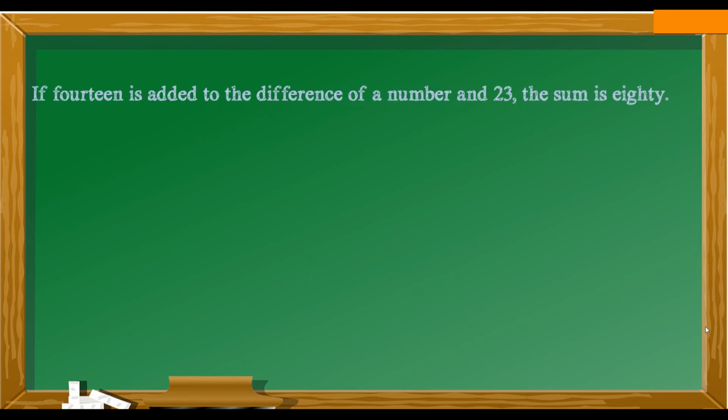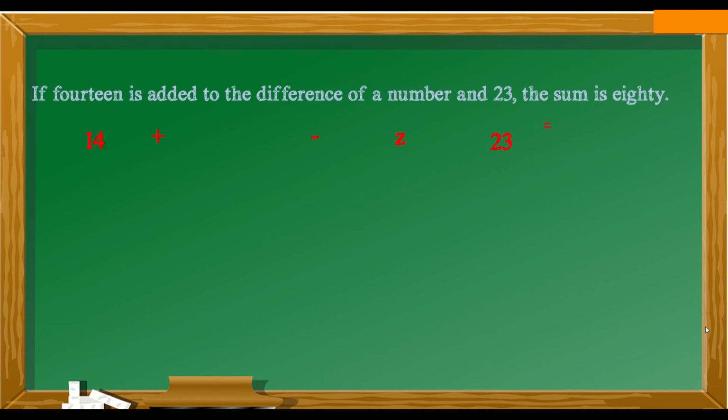If 14 is added to the difference of a number and 23, the sum is 80. We have here 14 is added to the difference of a number. Let us use Z. And 23.